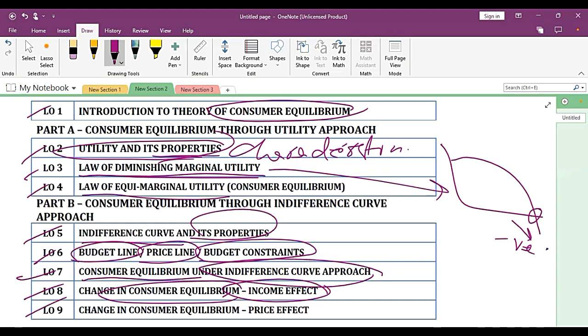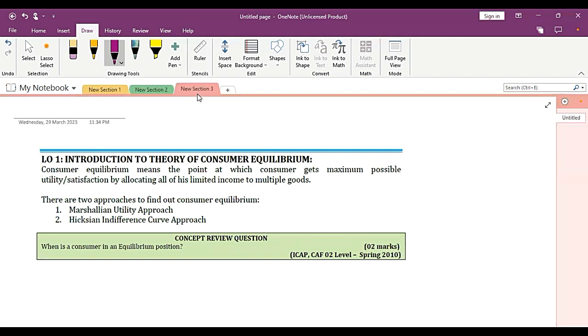Then we will study the same topic, keeping in mind the price effects. So this is our chapter number 4, in which we will study all these topics that relate to the consumers. So let's start this class with our first learning objective, that is the introduction to the theory of consumer equilibrium.